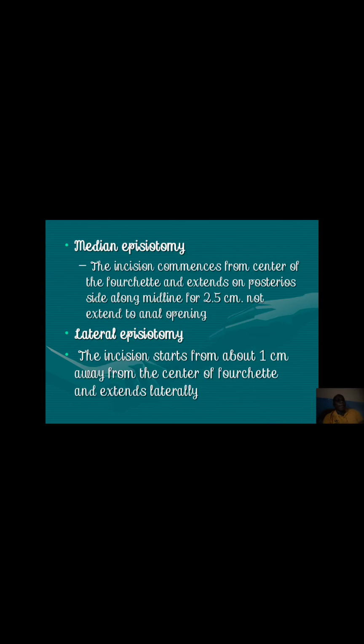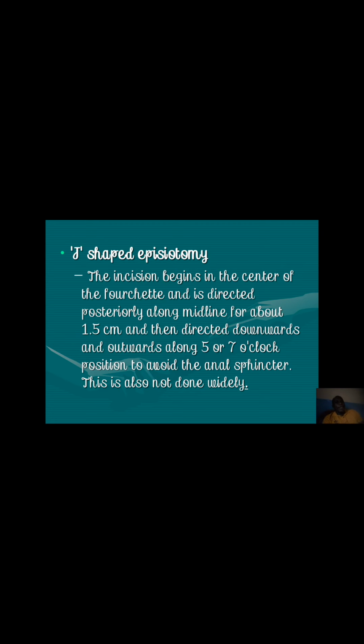But there is also J-shaped episiotomy. The incision begins in the center of the fourchette and is directed posteriorly along the midline for about 1.5 cm, and then directed downward and outward to avoid the anal sphincter. This is not done.